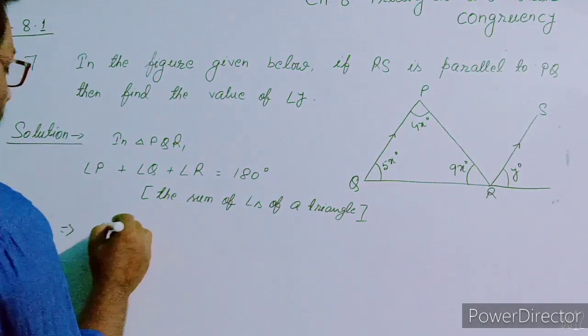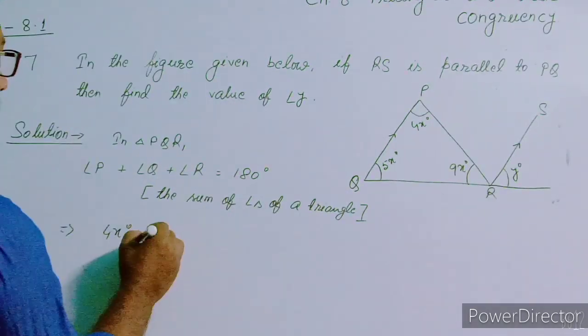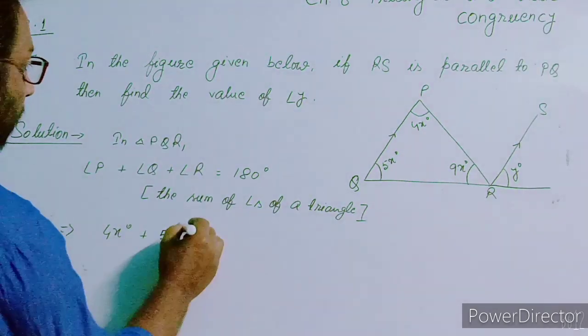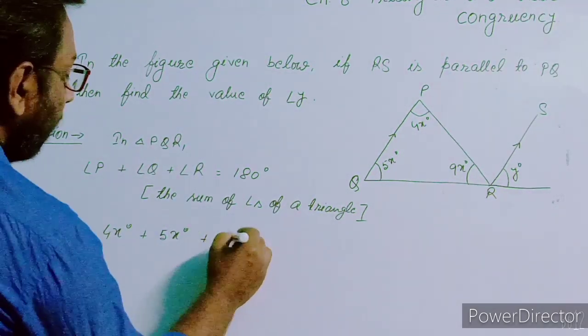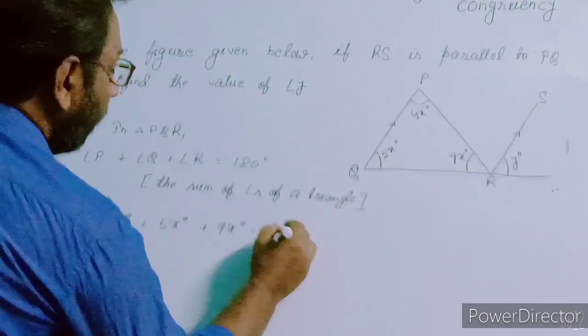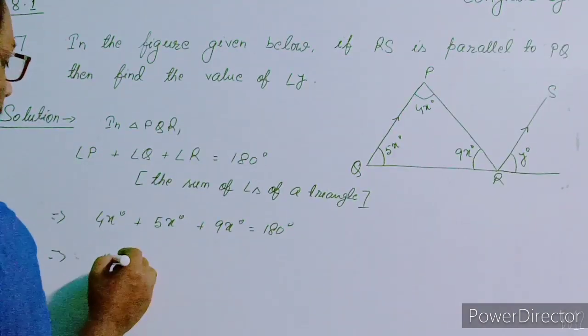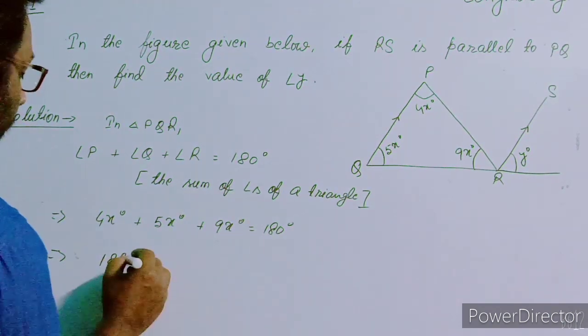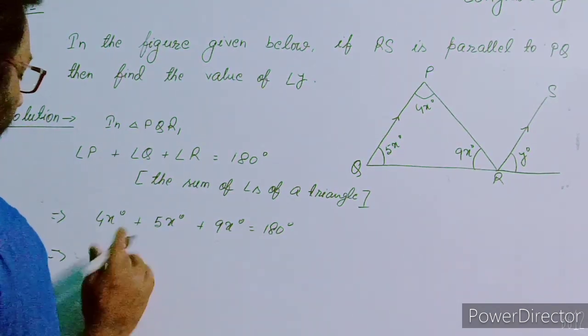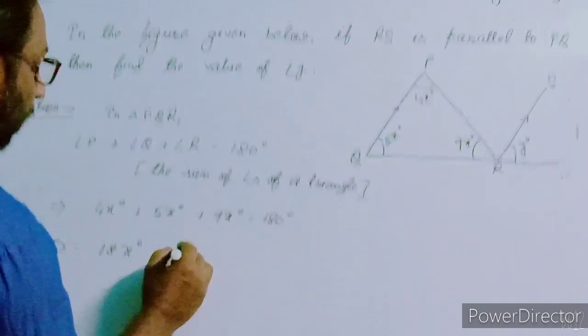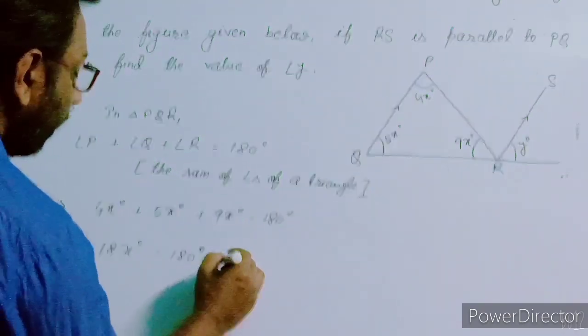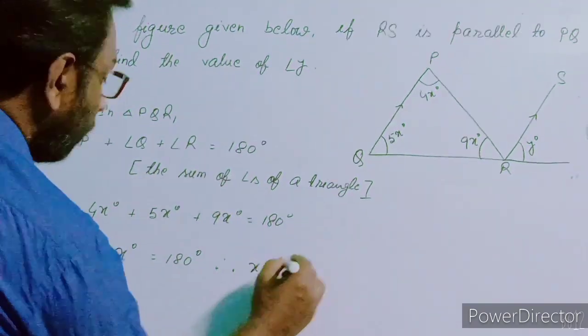Implies that angle P is 4x degree, angle Q is 5x degree, and angle R is 9x degree, equal to 180 degree. We add it, this became 18x degree equal to 180 degree. Therefore, x equal to 10 degree.